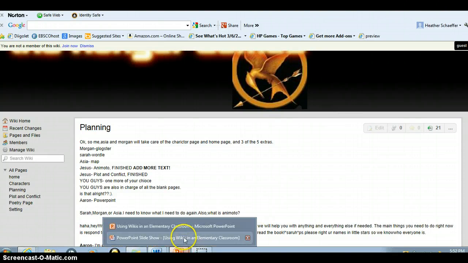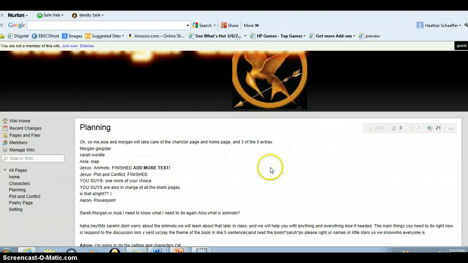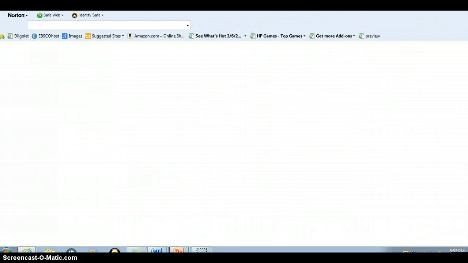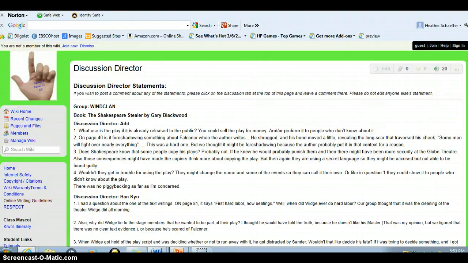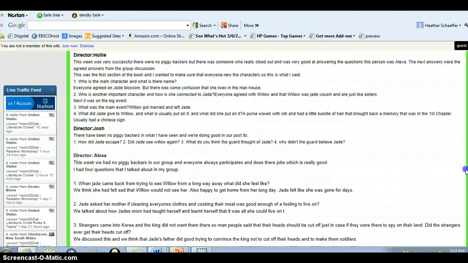Let's see, I'm going to show you the other literature circle page. This literature circle page follows the more traditional way of managing literature circles, where the book is divided into sections, and each time you have a section, the student has a different role. One of the roles is the discussion director. Here they had two groups, the Wind Clan and the Star Clan.